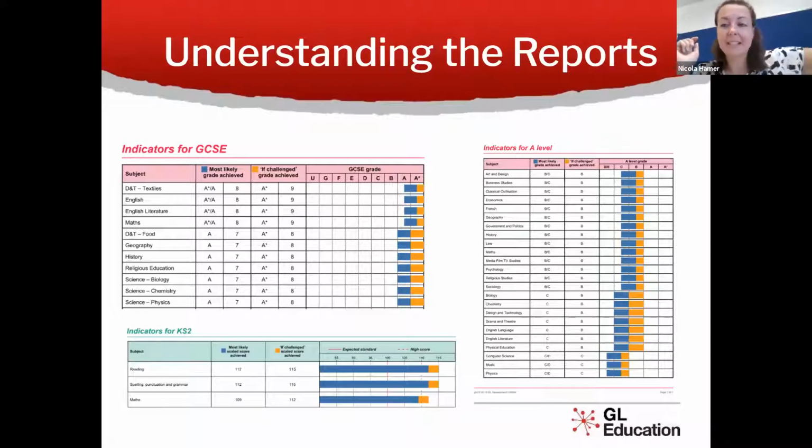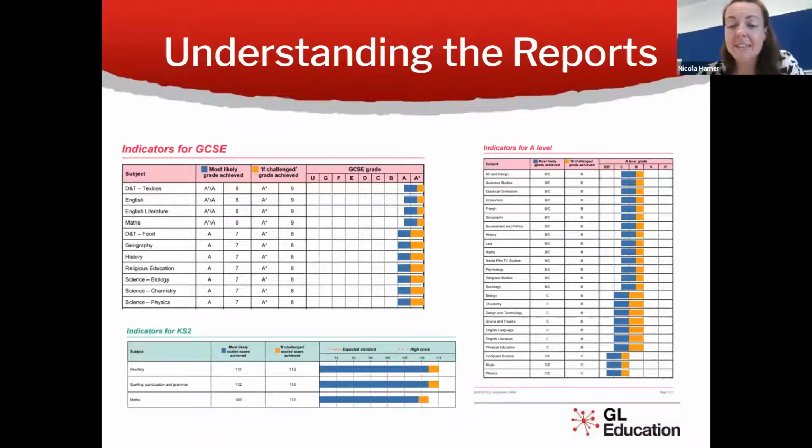They will have collected data on all those children, and they will be able to say that on average, for most of the children that have got a similar profile to your child, they got an 8 at GCSE, or they got a 7 at GCSE, or whatever at Key Stage 2. Some children, the top 25%, actually got a 9 at GCSE, or they got a star at A level, whatever it might be. So all it is is an indicator of what children with similar profiles to your child have done in the past and how your child might do.